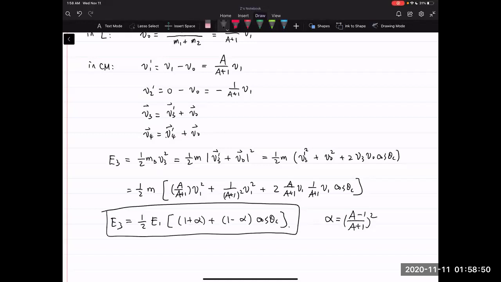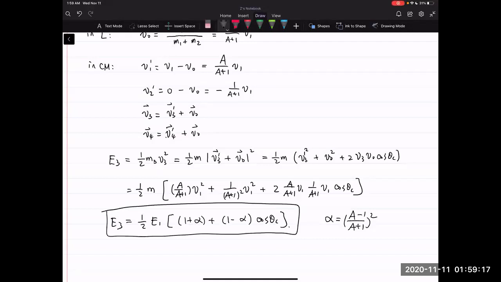Knowing that, we'll be able to find out the distribution of E3, the energy distribution, and from the energy distribution we can define the energy differential cross section.